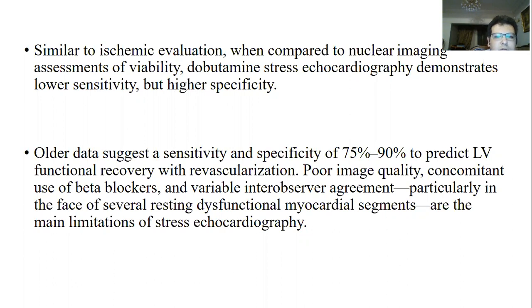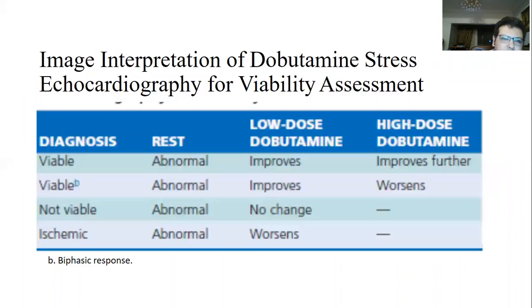Older data suggests a sensitivity and specificity of 75 to 90% to predict left ventricular functional recovery with revascularization. Poor image quality, concomitant use of beta blocker, and variable inter-observer agreement, particularly in the face of several resting dysfunctional myocardial segments, are the main limitations of stress echo.